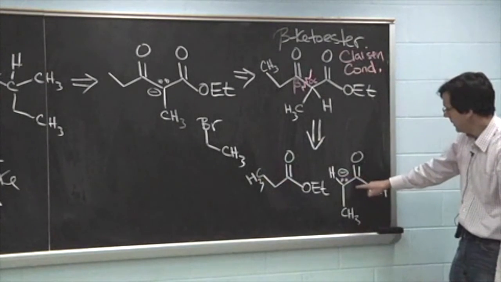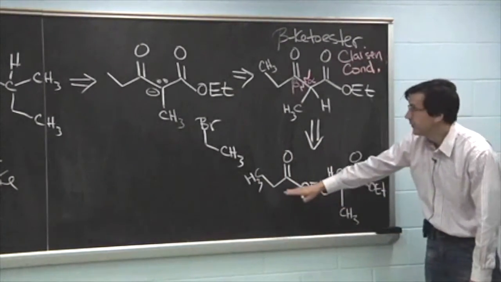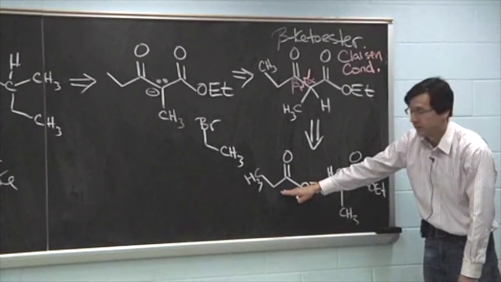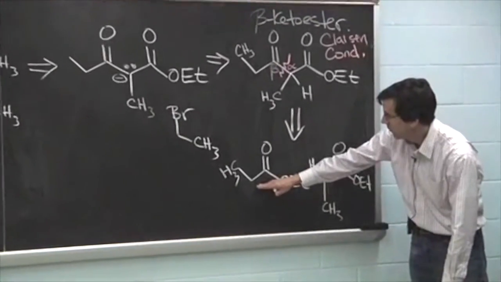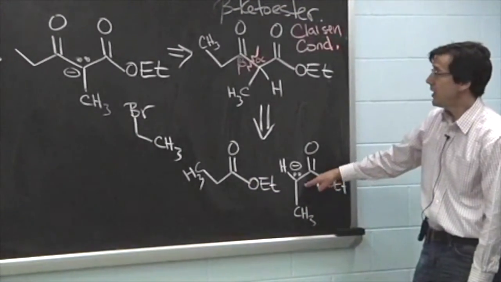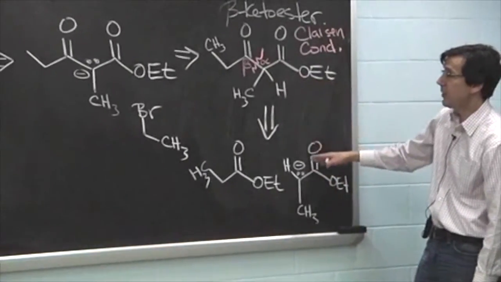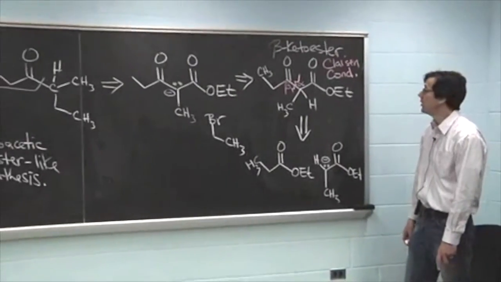And notice that this enolate is actually just the enolate of the ethyl propionate itself. So this enolate corresponds to this ester in its deprotonated form. So this would be a retrosynthetic analysis based on an acetoacetic ester-like synthesis type approach.